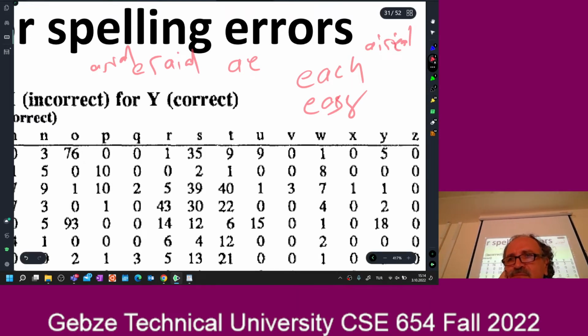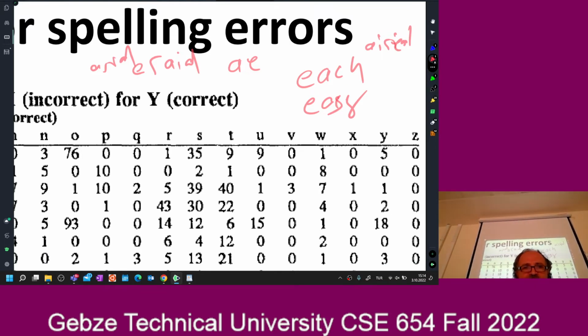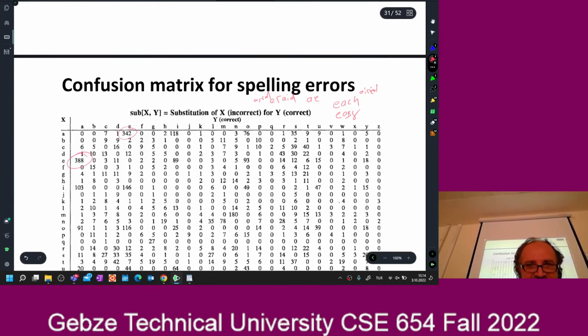Okay, first one. So as you see, I am confused between E and I too. Where are I and E? Well, not much, but they are doing it. So in English, they are making these mistakes. So that means what? Maybe the substitution between A and E is a lower cost, right?